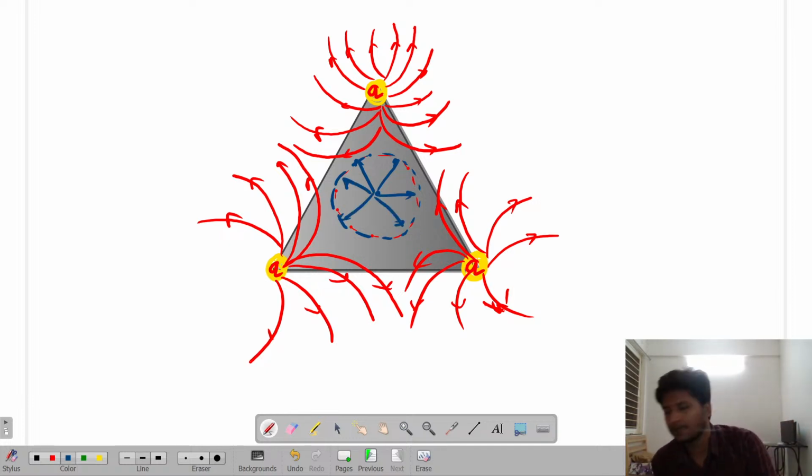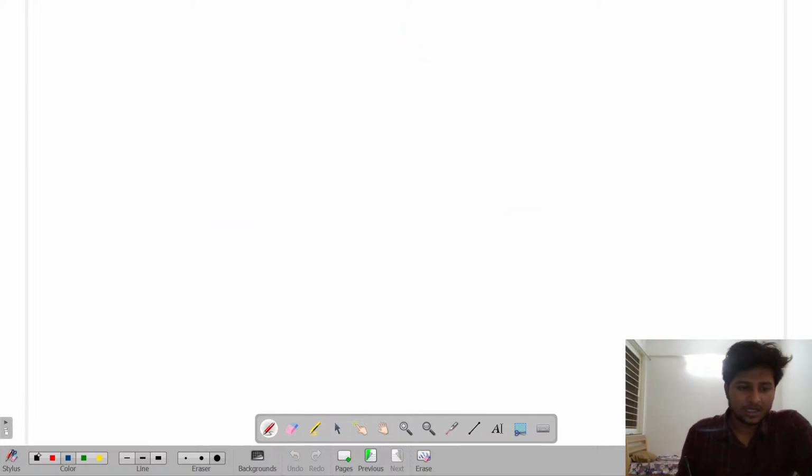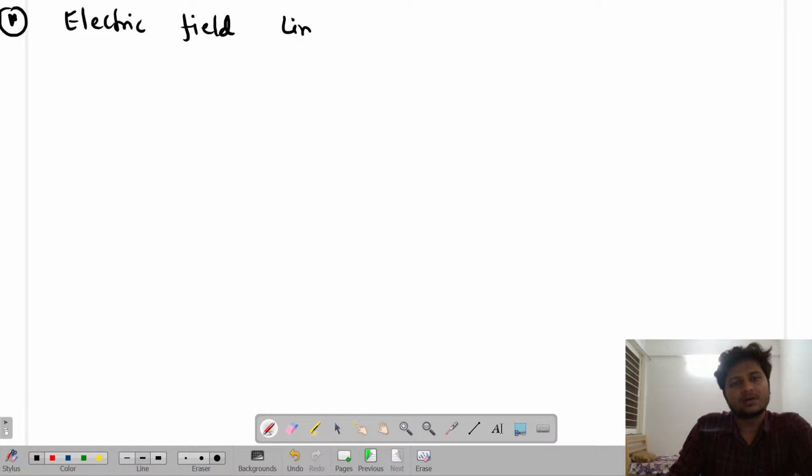Is that clear? Okay. So these were the properties of electric field lines. But what is the reality of why these electric field lines are drawn? We'll talk about that. The most important fundamental principle is that the electric field lines travel with the speed of light.